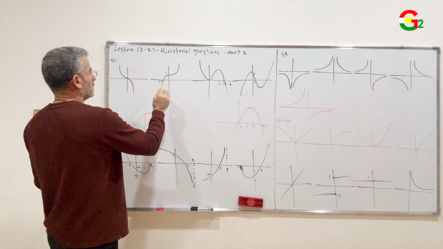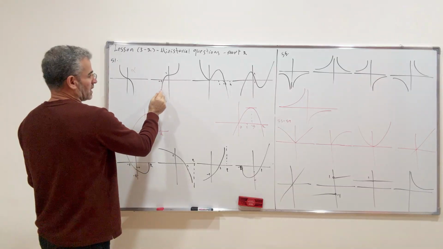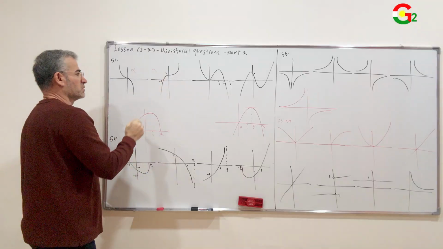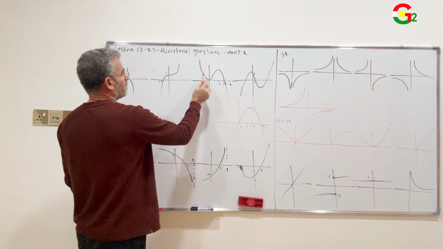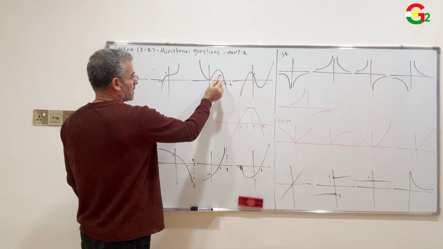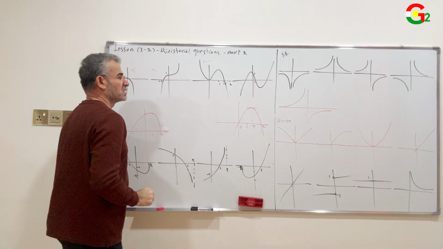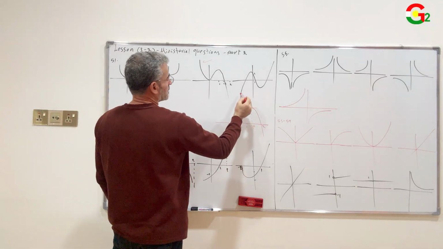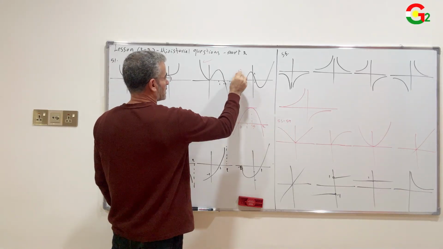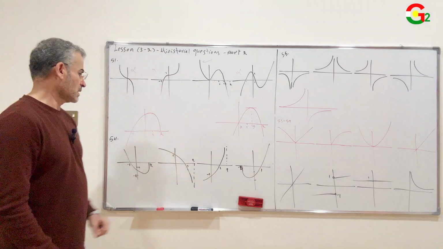Here it is under the x-axis, so from negative infinity to negative 1 it is under the x-axis, but it should be over. The graph here from negative infinity to 1.5 is over the x-axis, and at 1.5 the graph intersects the x-axis, so this is the right choice. For the last graph, the graph is under the x-axis from negative infinity to negative 1, so it is the wrong choice. The right choice is C.